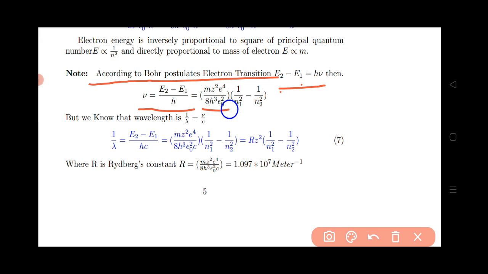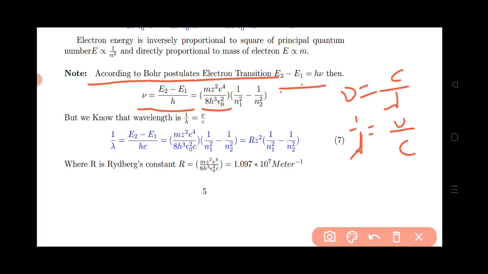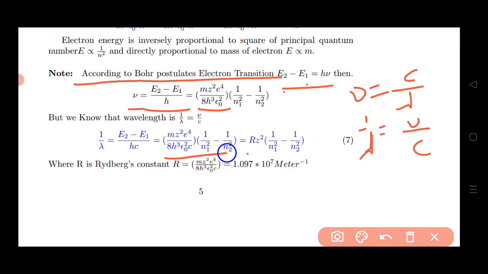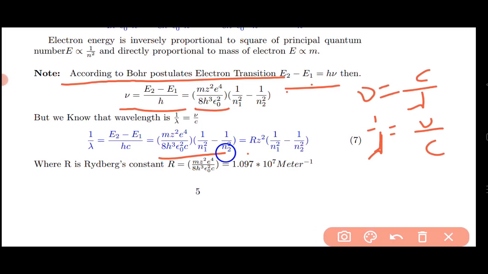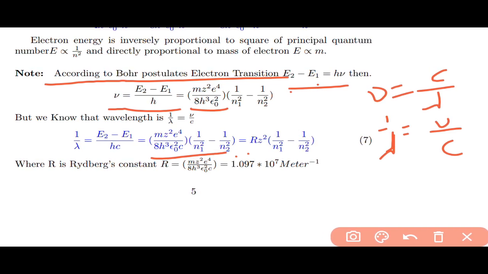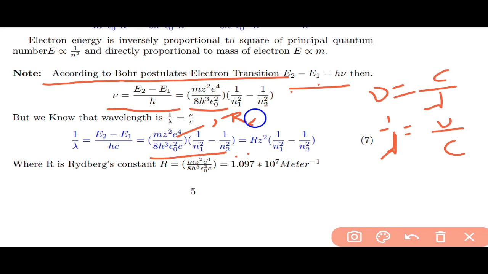Okay, we know frequency nu equal to c upon lambda, which means 1 upon lambda equal to nu upon c. We find 1 upon lambda equal to m Z square e power 4 upon 8 h cube epsilon naught square into c, into 1 by n1 square minus 1 by n2 square. Here this is called Rydberg constant R infinity.